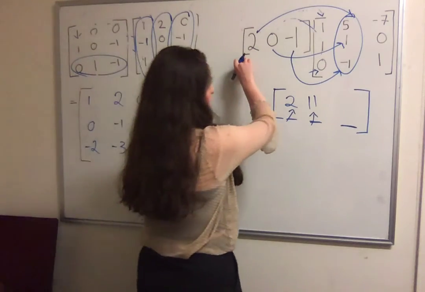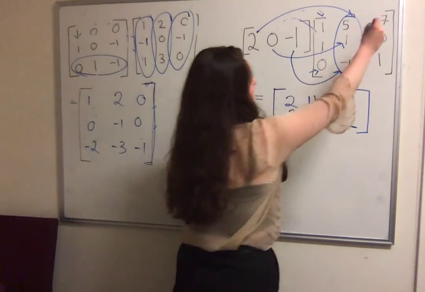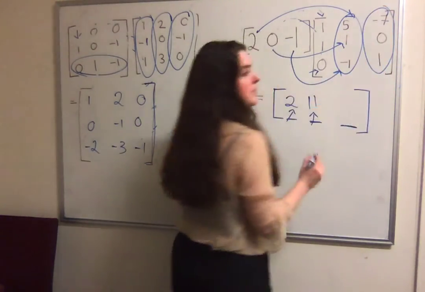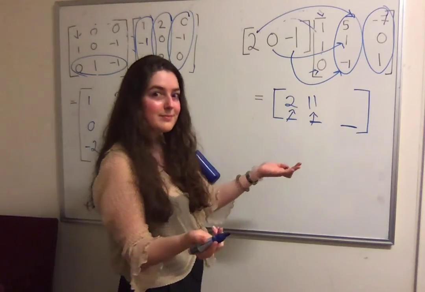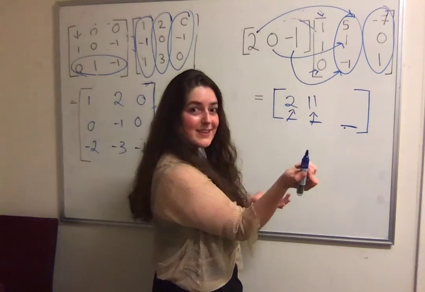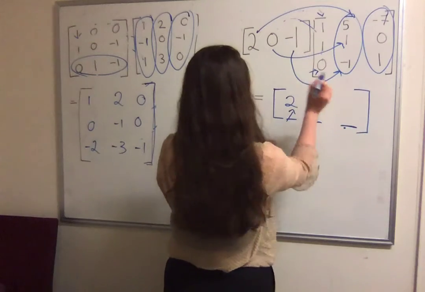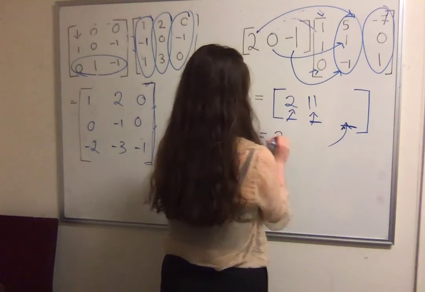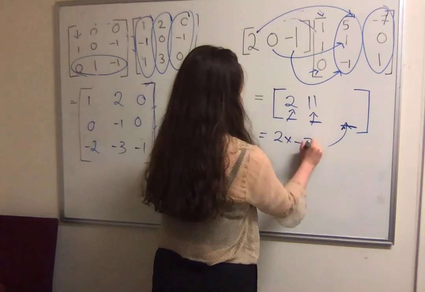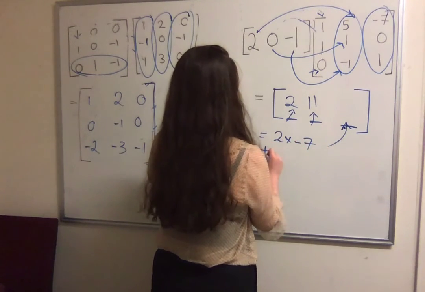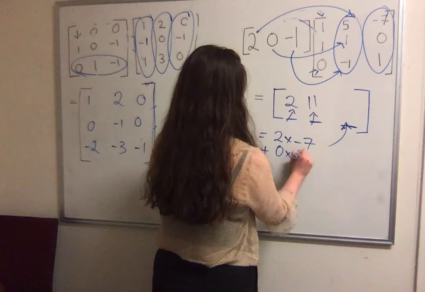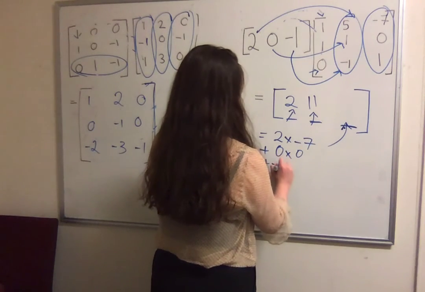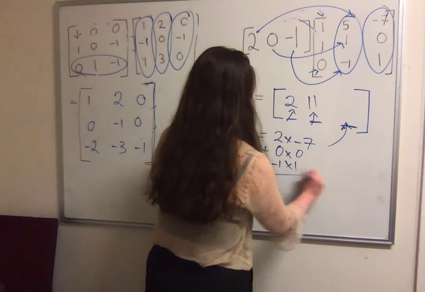Finally, we're going to be doing this row by this column here. The last column, unsurprisingly, the answer goes there. So that one will be 2 times negative 7 plus 0 times 0 plus negative 1 times 1.